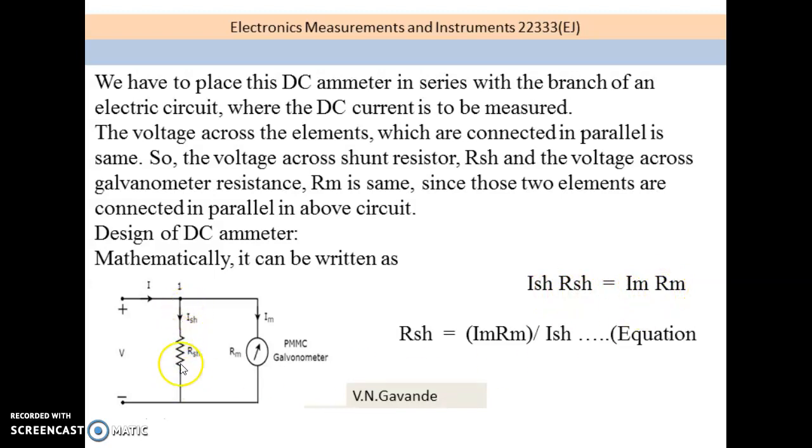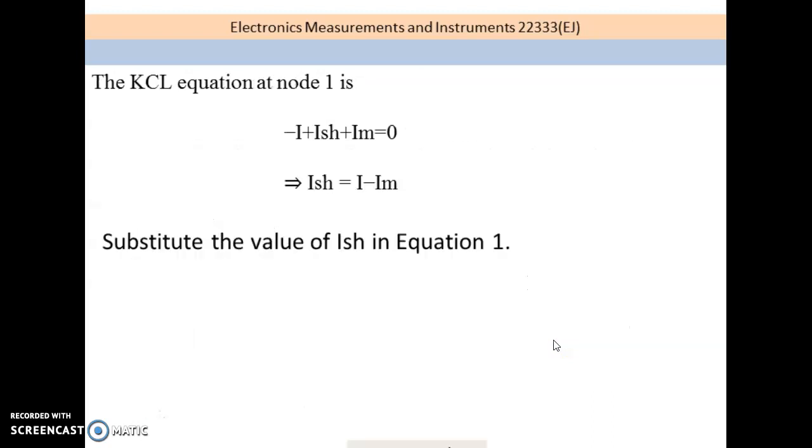That is, the voltage at this point and the voltage at this point are given by this formula, and these are equal because of the parallel connection. This equation is rearranged in terms of RSH: RSH equals IM RM divided by ISH. This is equation number 1.